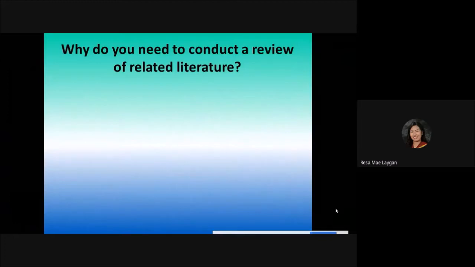So these are the common reasons why we need to conduct a review of related literature. Because as I've said a while ago, having a good research needs to validate with the review of related literature. So you have to consult the topic with regards to the existing related literature.